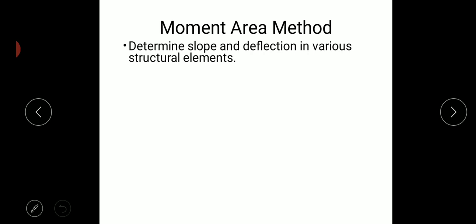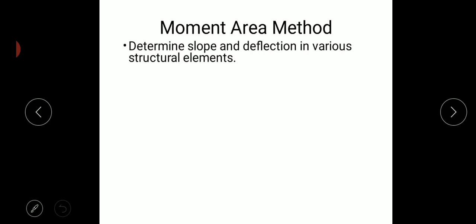So we need to understand this. For that, we are supposed to consider a structure which is subjected to an external load. Due to the action of the external load, if it is within the elastic limit, then the structure regains its original shape and size when the load is removed.